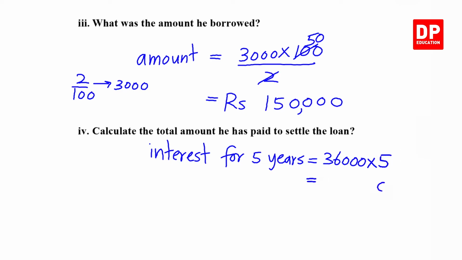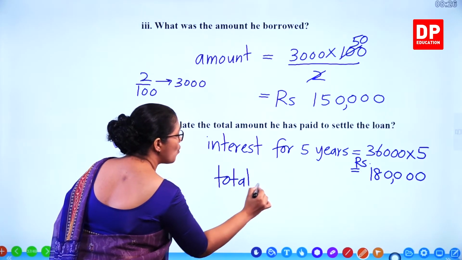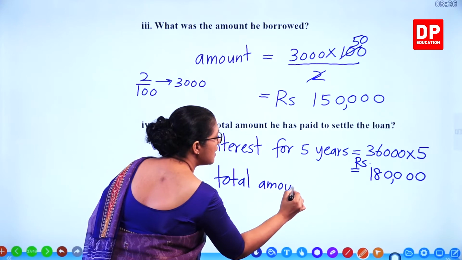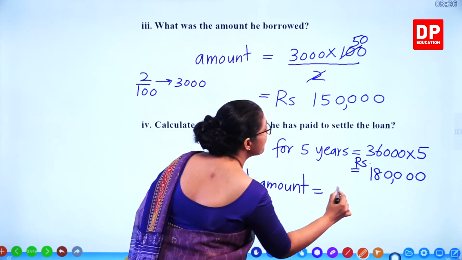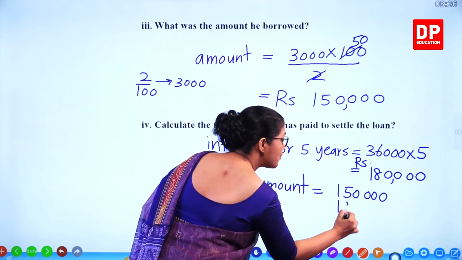So you get 5 times 3, 15 plus 3, 18. 180,000 rupees. So what's the total amount he has to pay? Total amount is the borrowed money, that's 150,000 rupees, and the interest.